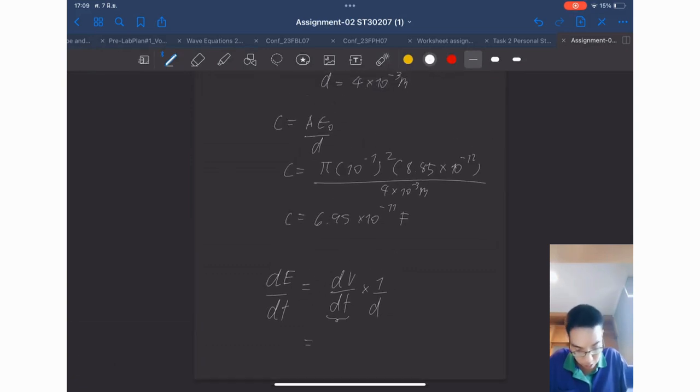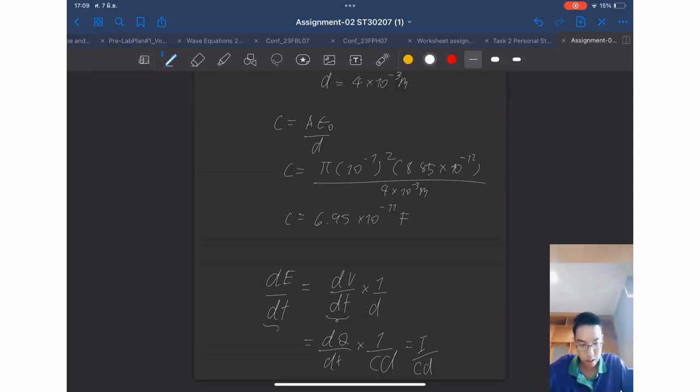And we know that dV by dt is equal to dq by dt divided by C. And we know dq by dt equals I.